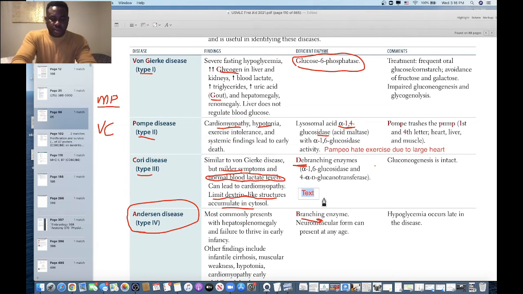So Cori is a dextrin debrancher. That's what I said, but glucose is normal.